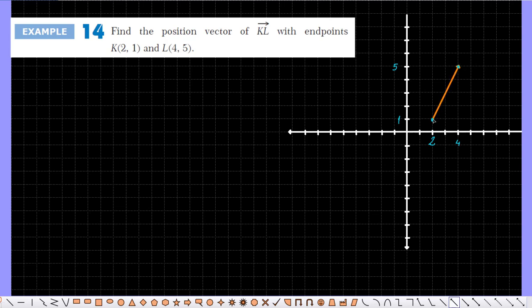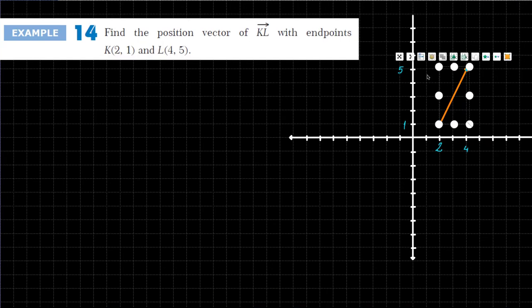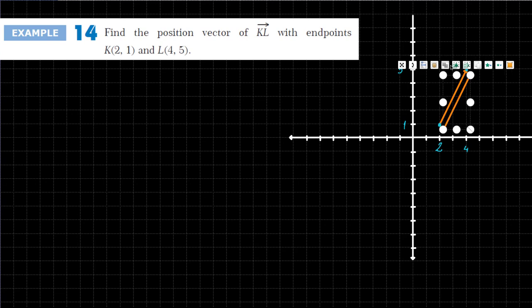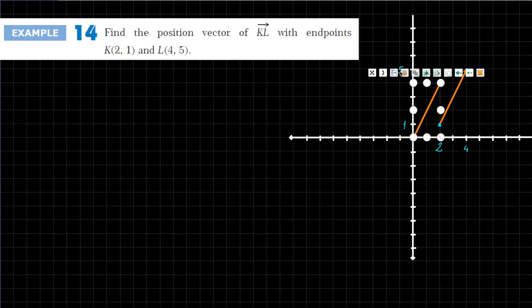Actually, I started a bit higher, but let's say here it is. This is the KL vector, and I'm going to find the position vector. First, I made a copy of it, then I'm going to move it to this side. And here, as you see, it started from here.